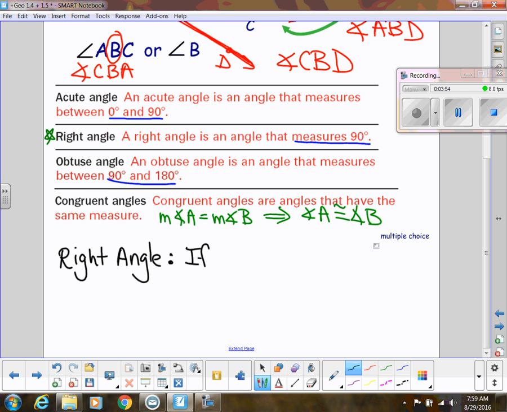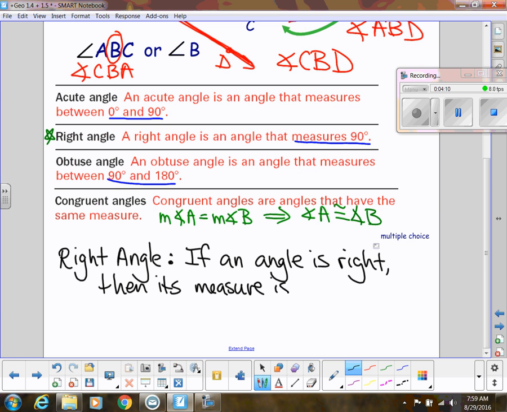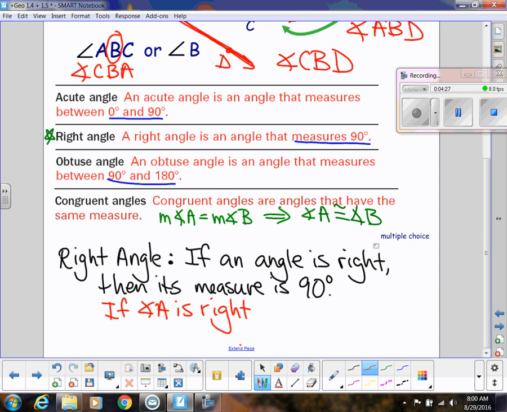So if an angle is right, then its measure is 90 degrees. You might also want to say an alternative would be if angle A is right, then the measure of angle A equals 90.